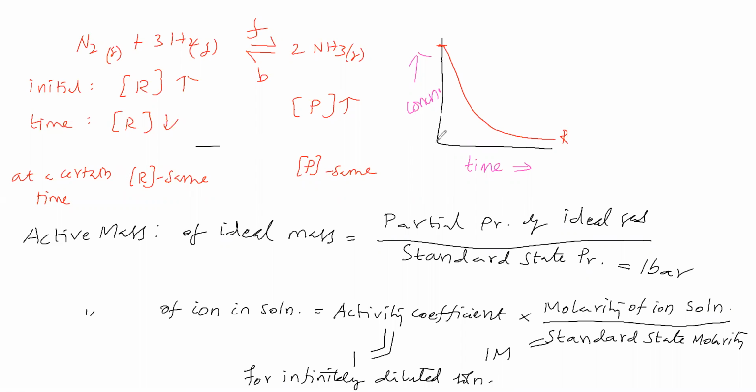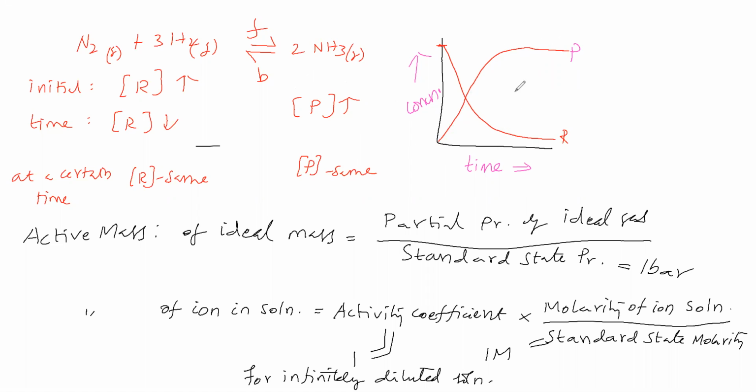As time passes, the concentration of product goes on rising, then at a certain time onwards it remains constant. Initially the concentration of product is 0, because we have not taken any product.